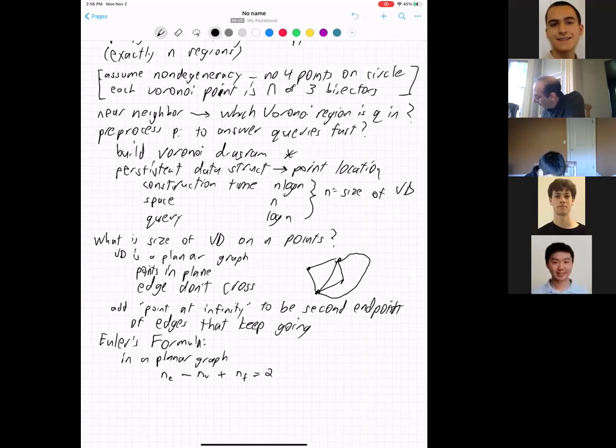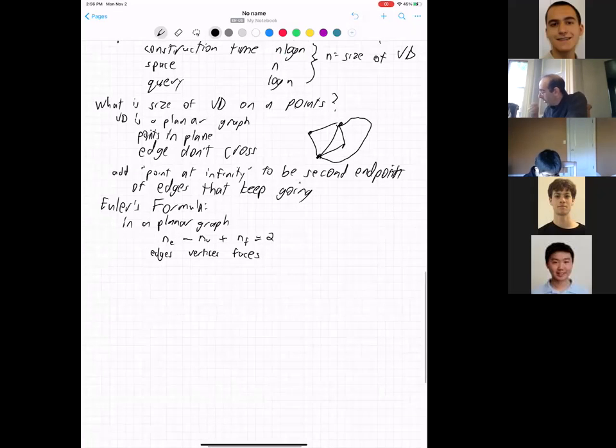Here we have edges, here we have vertices, and here we have faces. We're going to use that in just a minute.